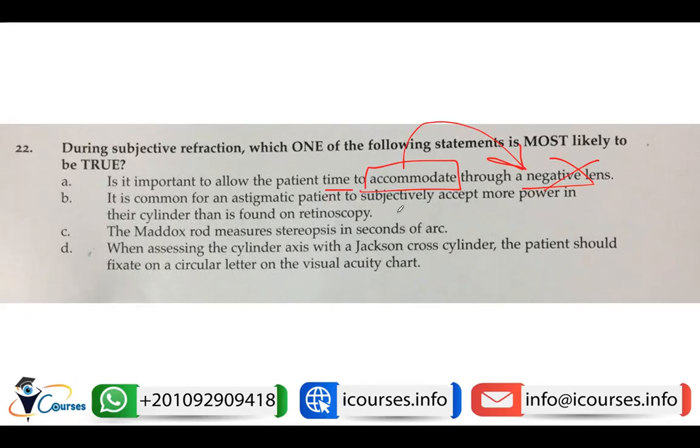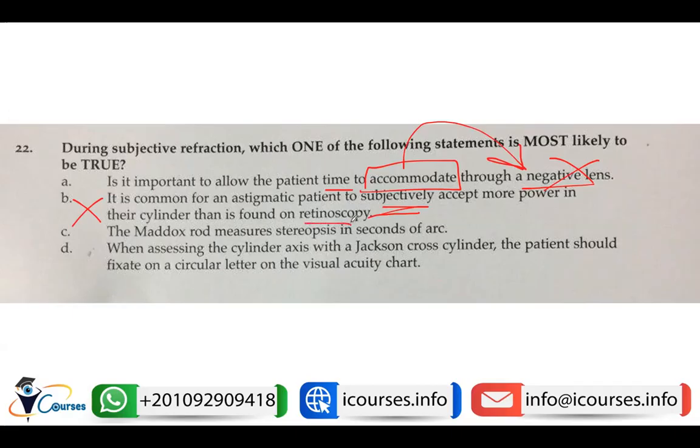It is common for an astigmatic patient to subjectively accept more power in the cylinder than is found on retinoscopy. This is not true at all. Usually, the patient doesn't accept more power in the cylinder than it is found on retinoscopy.